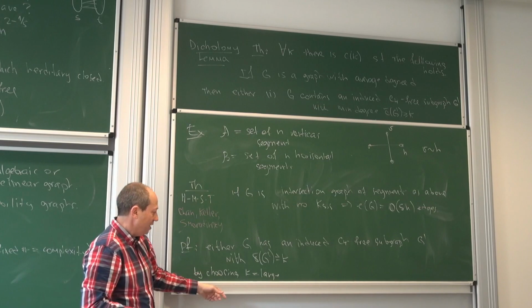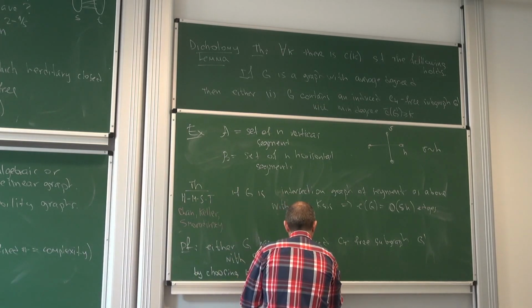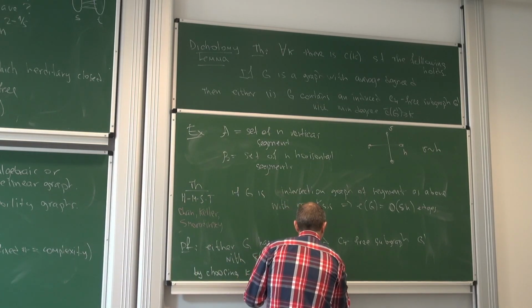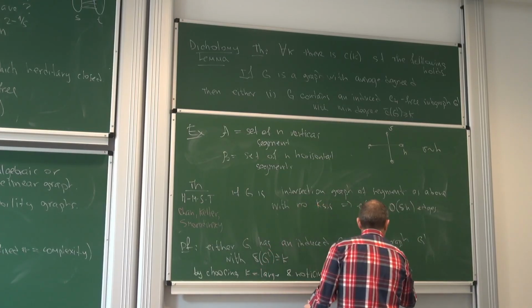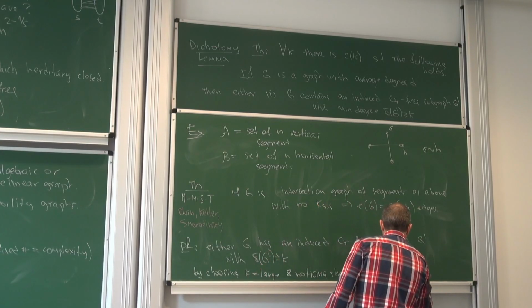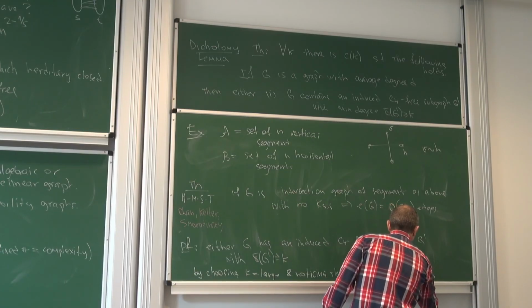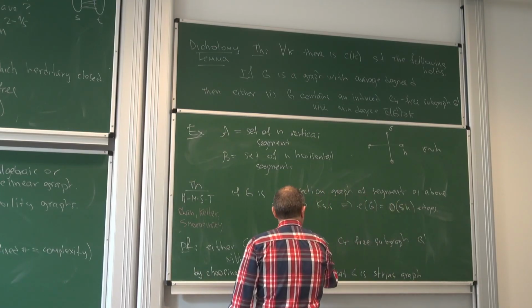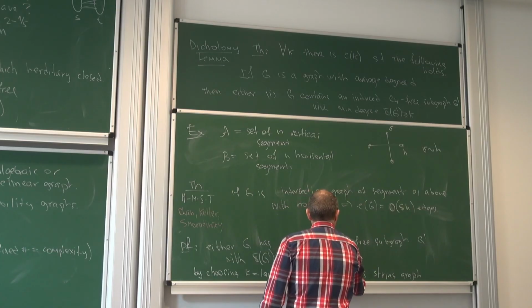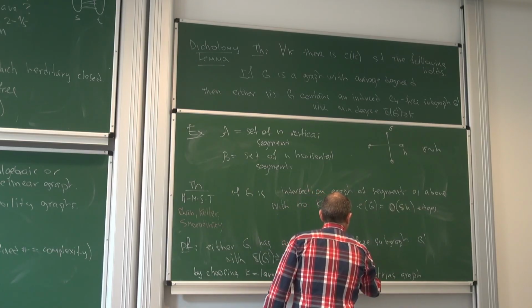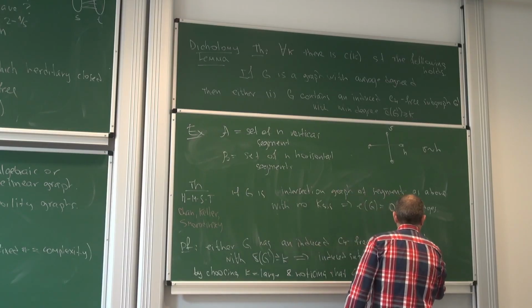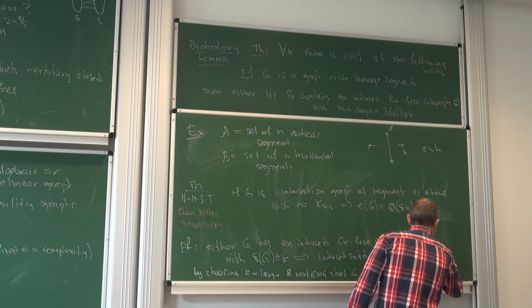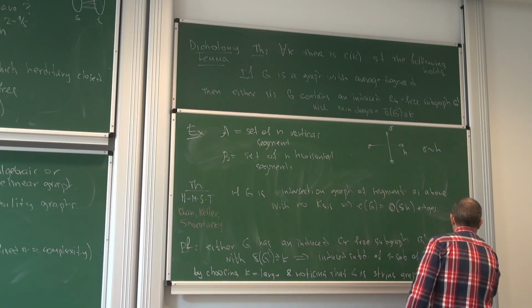By choosing K large and noticing that G is a string graph, the large minimal degree implies an induced subdivision of one subdivision of K5, and these two things give me a contradiction.